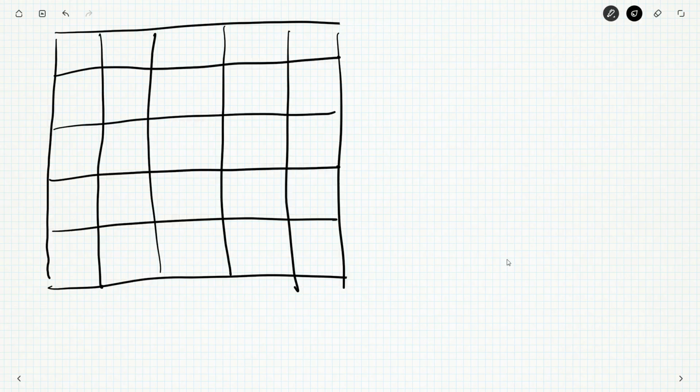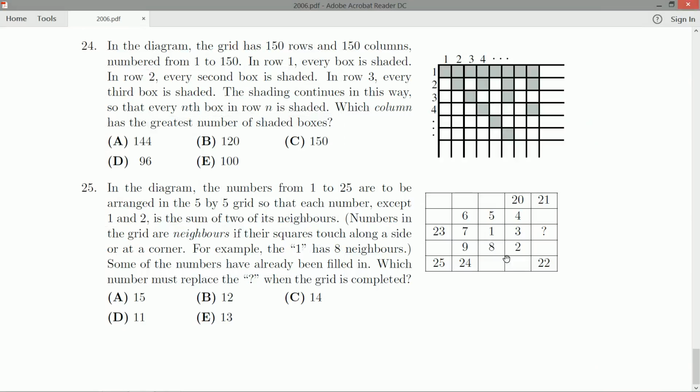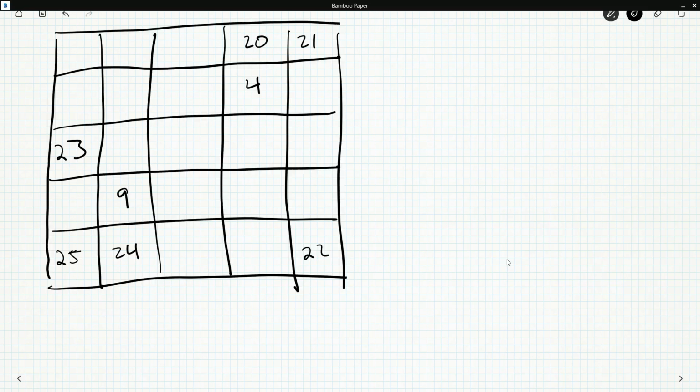Interesting stuff. Okay, now I know the 9 was down here. I'm pretty sure it was 25 and 24. I think it was 21 and 20 here. I want to say a 4. I want to say 22. I specifically mentioned the 23 here. But what else have we got? 7, 6, 5, 4, 3, 2, 1.